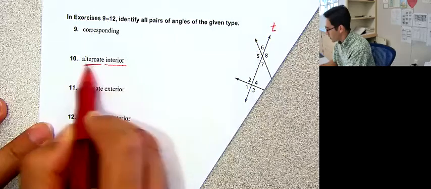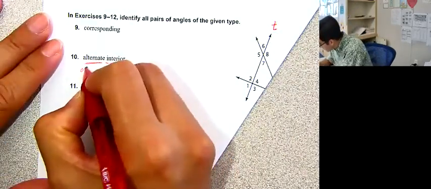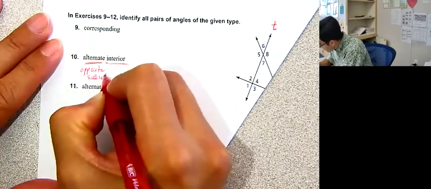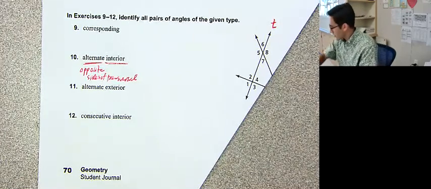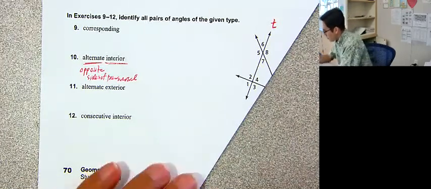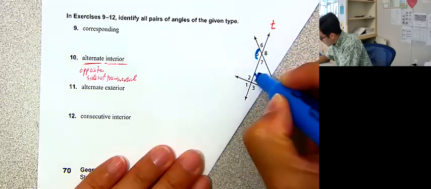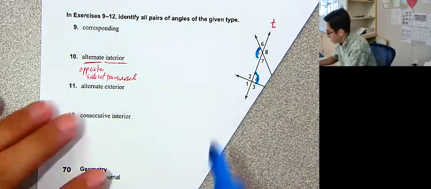Maybe we should start with the word alternate. Alternate means opposite sides of the transversal. And then interior means on the inside. So we could say angles 5 and 4 make up an alternate interior pair, right?